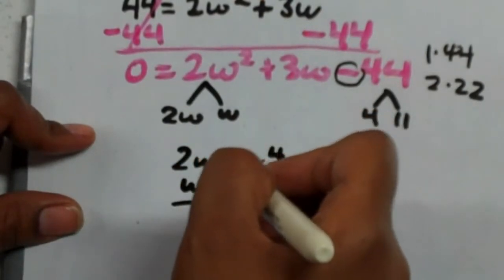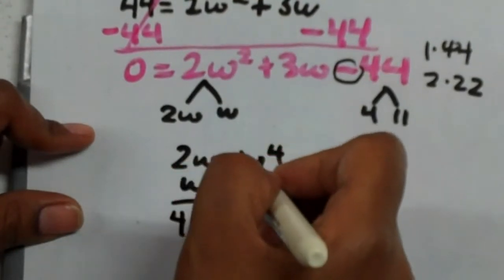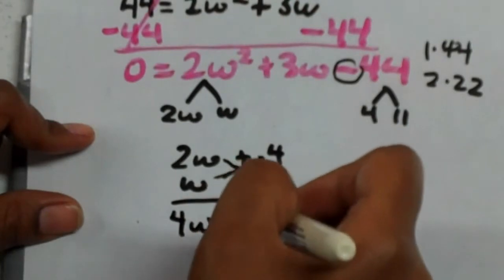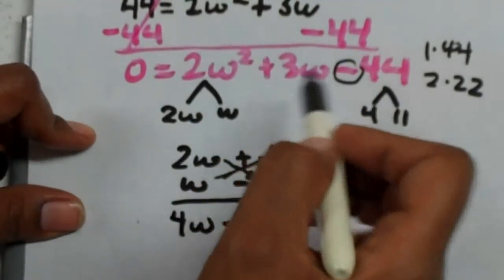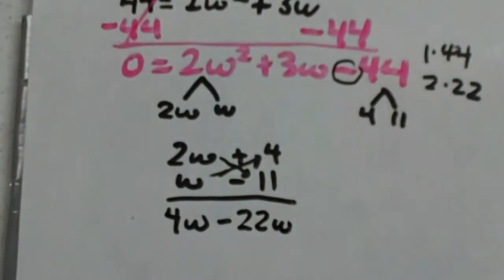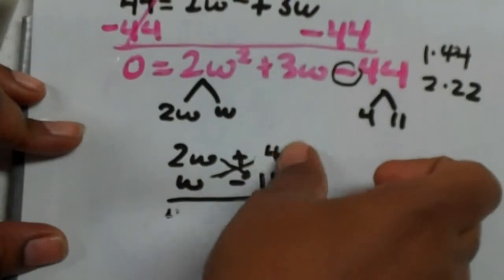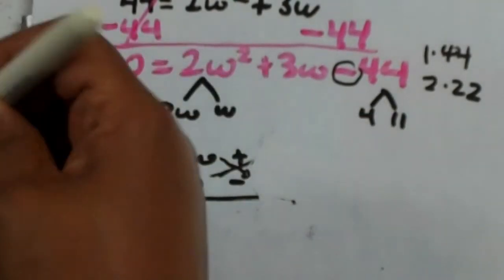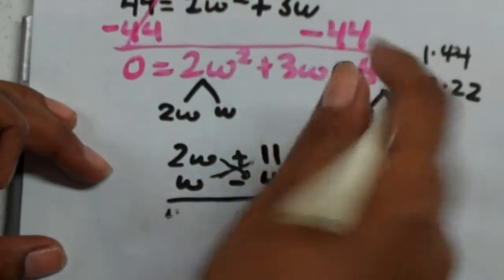If I multiply the W times positive 4, I get positive 4W. The 2 times negative 11 would be minus 22W, which does not give us a difference of a positive 3. So that means I need to do this over again. So I'm going to switch the numbers. Make this top here 11 and this bottom here 4.